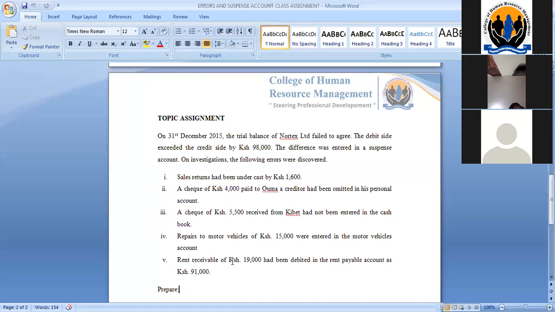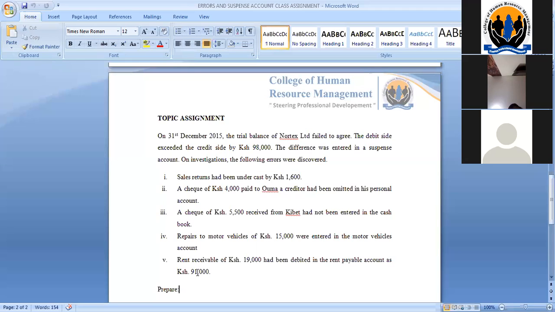So we credit this first, then rent payable was debited by mistake by 91,000. Because it was debited by mistake, we credit so that we cancel that error. And then because we have credited this account and this account, we complete the double entry using the suspense account, which is going to have the sum of this plus this. And then that error will stand solved.